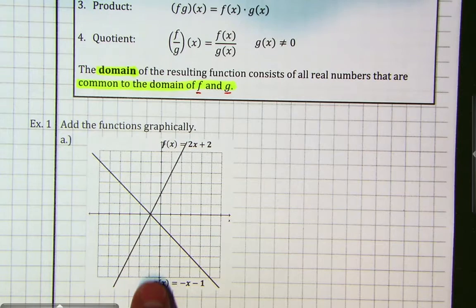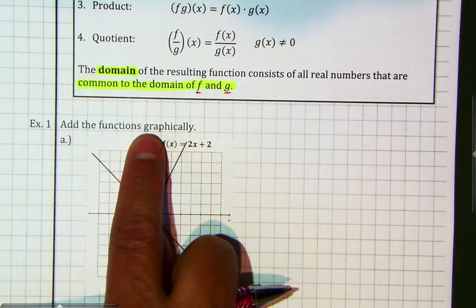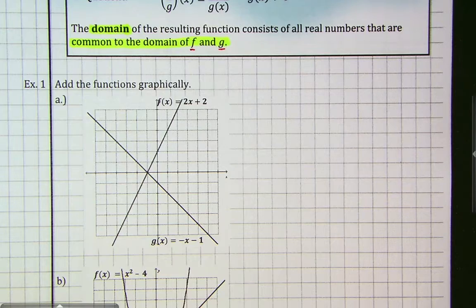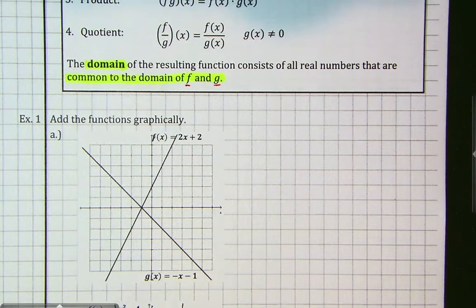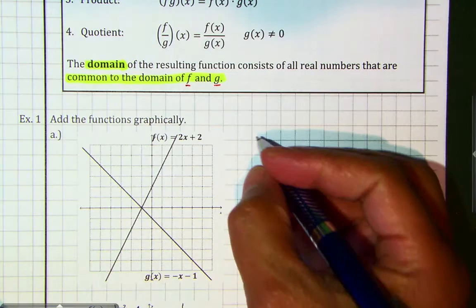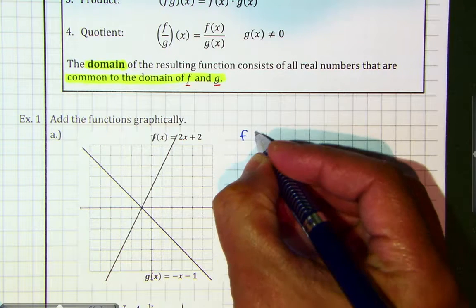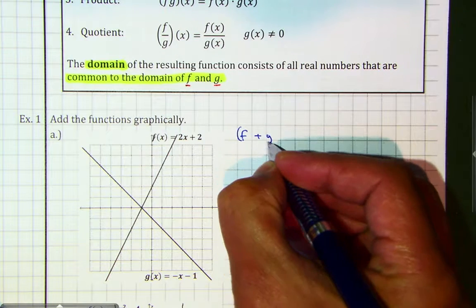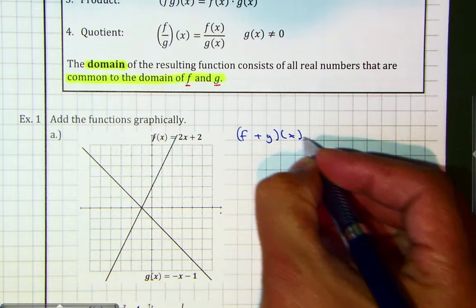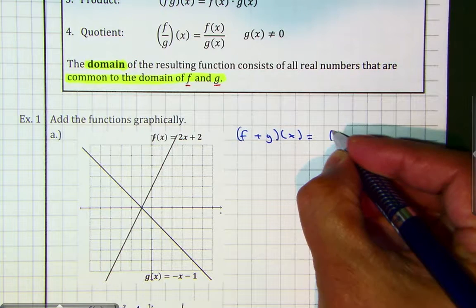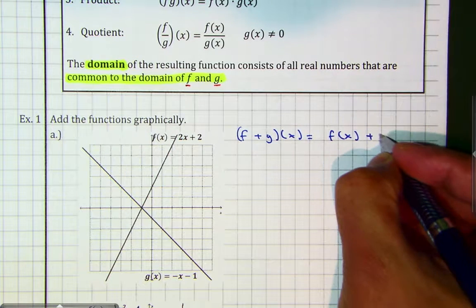We are going to be adding both functions, but we need to add it graphically. Now, if you remember back in Algebra 1 and Algebra 2, you did it graphically. It's a very quick process. We are going to be doing f plus g of x equals. Now remember that this notation is the same as what you've seen before, which is f of x plus g of x.